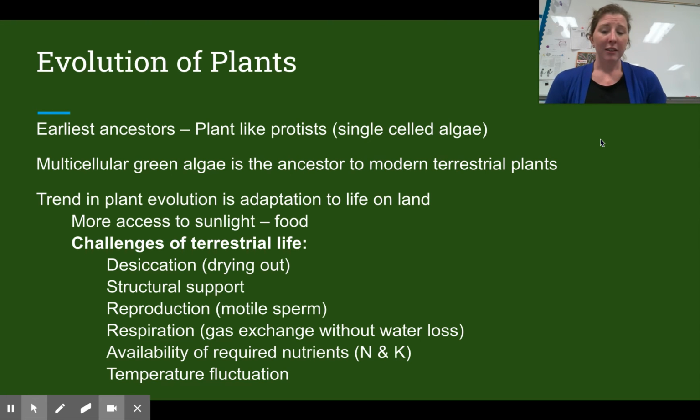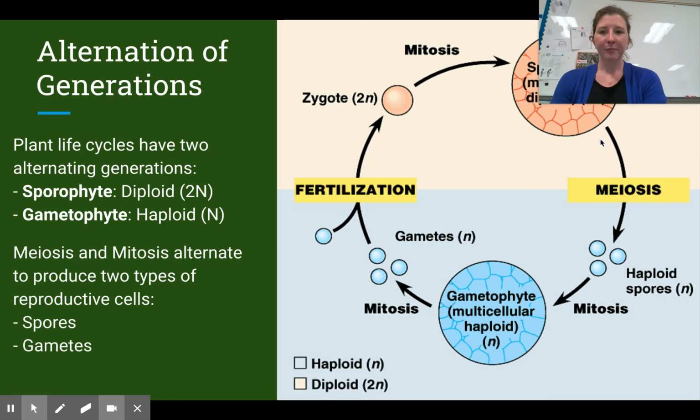And so plants had to deal with that. And we also know that water is a really great way of maintaining a steady temperature. And on land, our temperatures can fluctuate quite a bit from season to season and even from nighttime to daytime. And so plants have had to come up with some creative ways to survive and thrive in a situation with all of those challenges on terrestrial life.